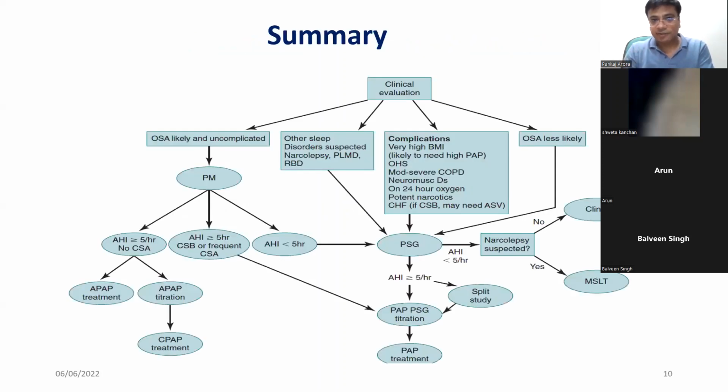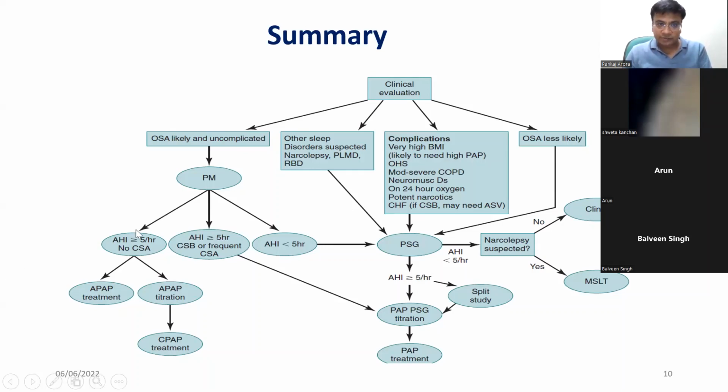So the summary is, if you do the patient's clinical evaluation and OSA is likely, the patient has OSA, but it's uncomplicated OSA, then we can put portable monitoring or an out of sleep center test.